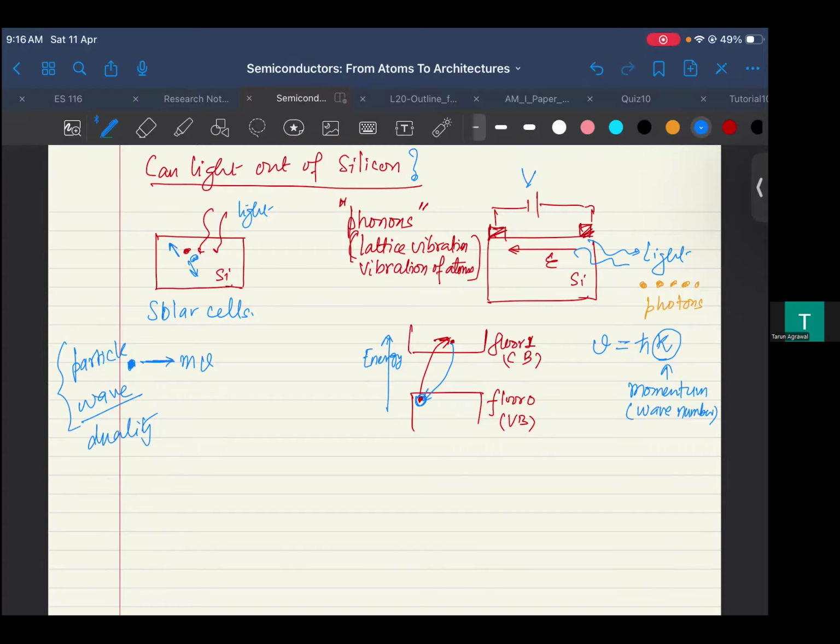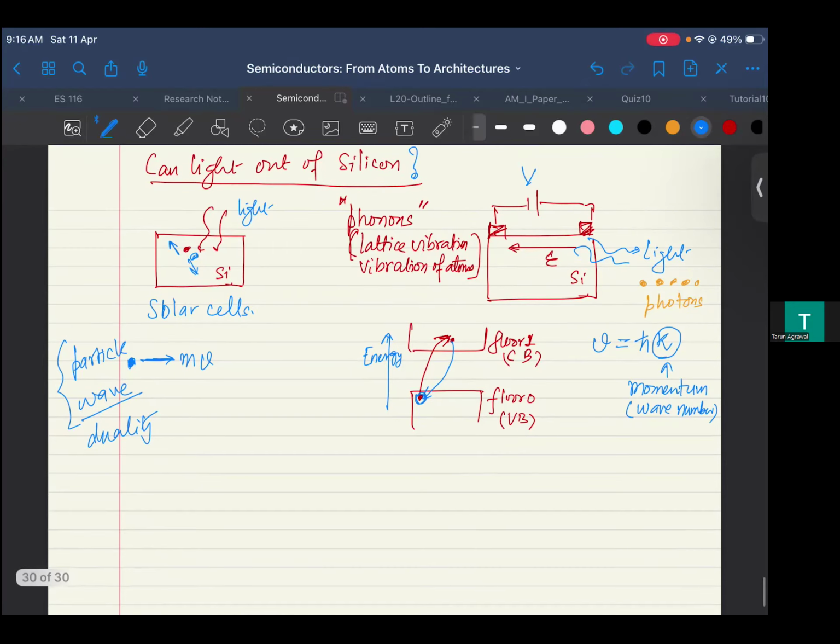And in this duality, what comes out is a very important relation, the one we were writing. So this is also m. Now I know that Planck's constant is what relates this. The wave number is 2 pi by lambda, and lambda we know from waves is the wavelength.